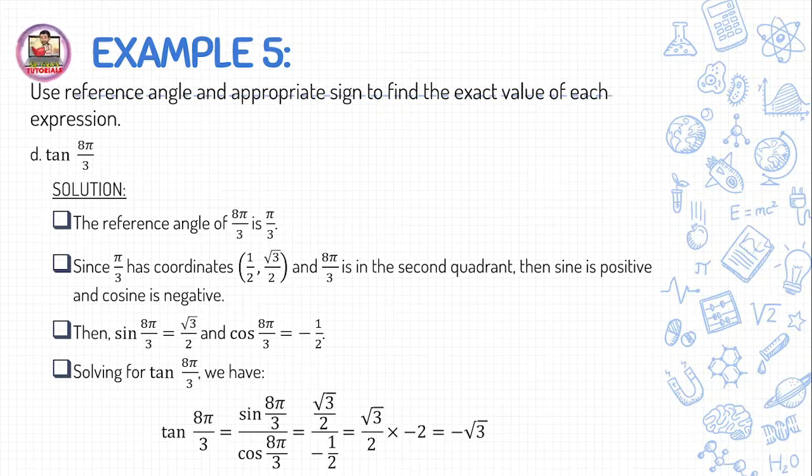So square root of 3 all over 2 times the reciprocal of negative 1/2, which is negative 2. So simplifying this, we have negative square root of 3. So therefore, tangent 8 pi all over 3 is equivalent to negative square root of 3.